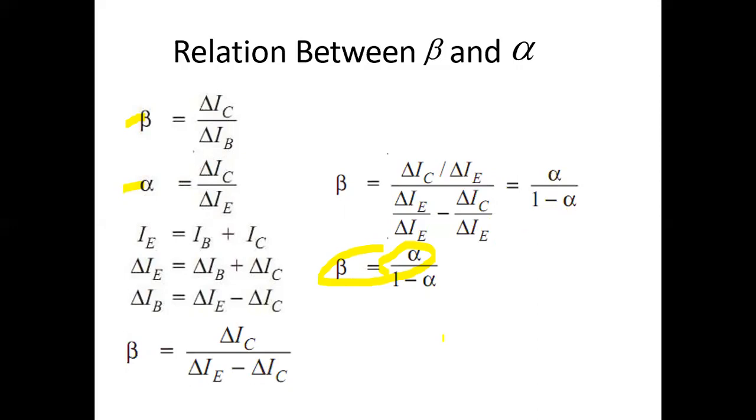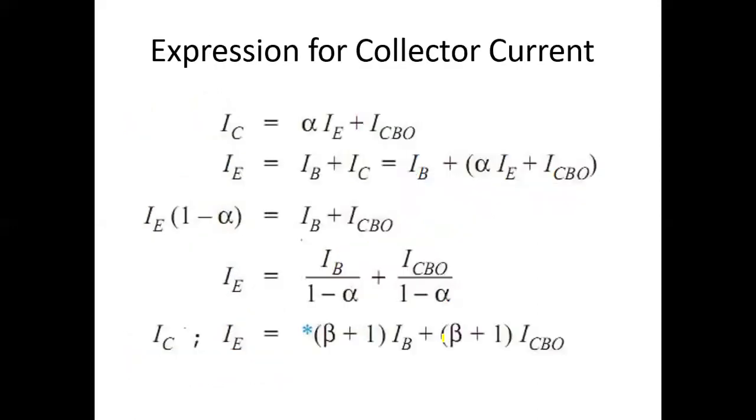And for the expression for collector current, previously we have discussed this, that is IC is equal to alpha IE plus ICBO, and IE is equal to IB plus IC. By putting the value of collector current in the equation IE is equal to IB plus IC, and finally by calculating we get the equation for emitter current, that is IE is equal to beta plus 1 into IB plus beta plus 1 into ICBO.